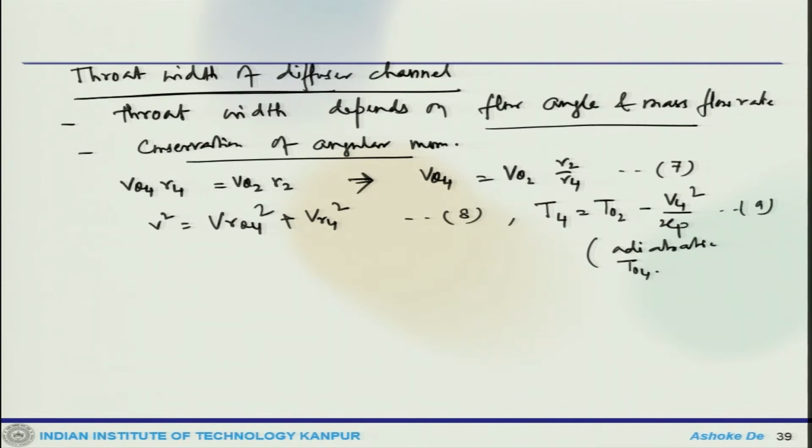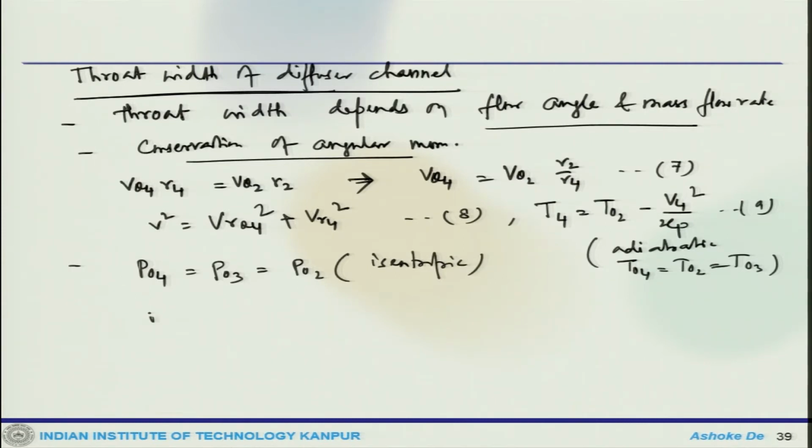So, T naught 4 would be T naught 2, which would be T naught 3. Now, again it is an isentropic flow. So, P naught 4 would be P naught 3, which would be P naught 2, because it is isentropic.